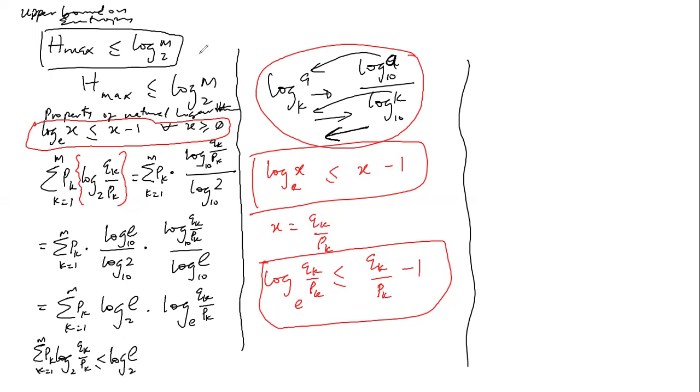Log e base 2, then we bring this out, log e base 2, then this sigma k equal to 1 to m p sub k. You know, we already introduced the inequality into bracket qk over pk minus 1. Is it clear?